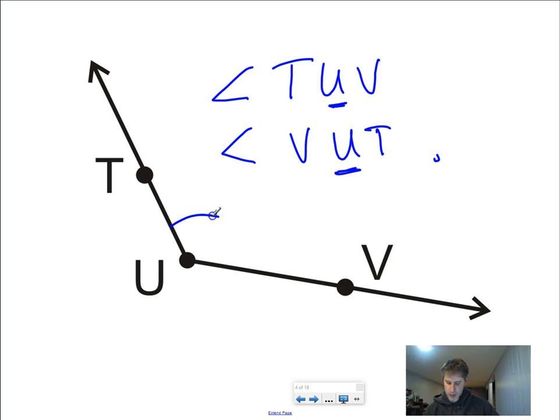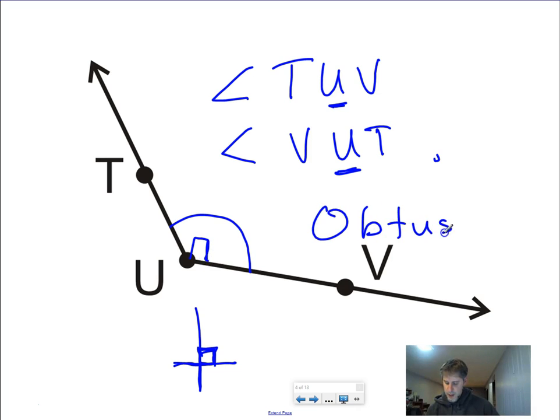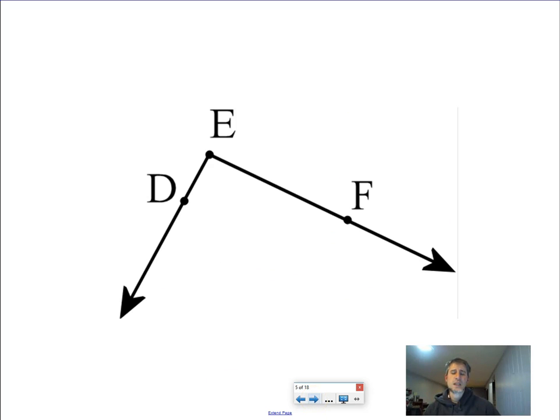Now as far as what kind of angle this is, a right angle forms a perpendicular, like the two lines are exactly perpendicular, and you should remember from your vocabulary what perpendicular means, but that angle forms a 90-degree angle. This looks like it would be more than that 90-degree angle, so this would be an obtuse angle. Alright, so next type of angle would be this.